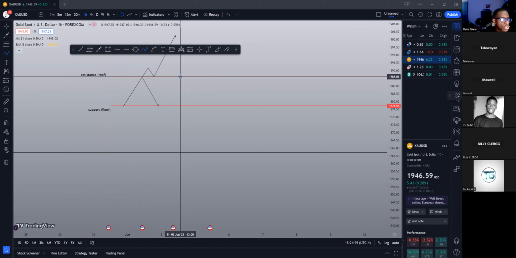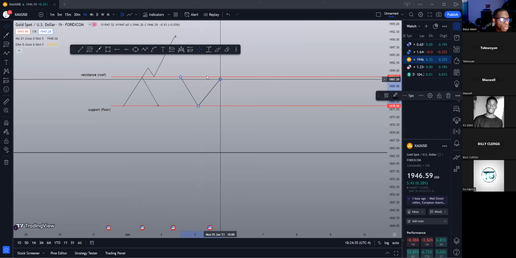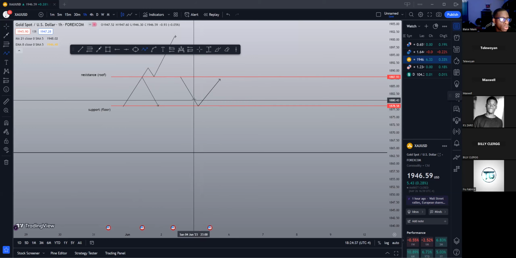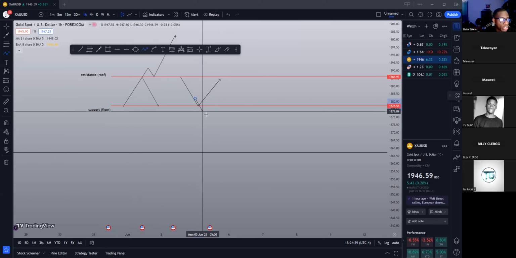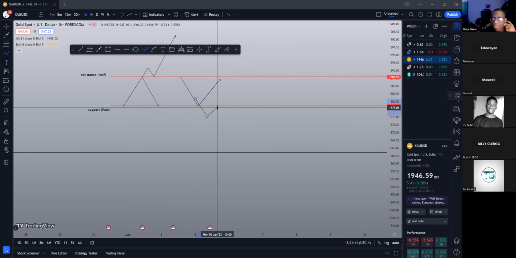If price is approaching support, it could reject off support, that is, bounce off support, or it could approach support, break support, and then what will support turn into? Who can tell me in the chart what support will turn into?